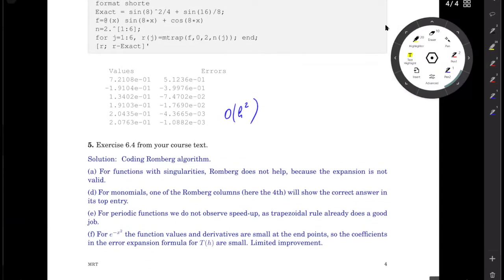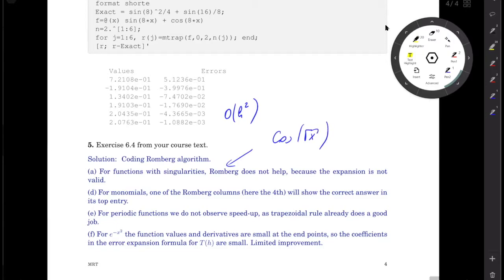And the last thing was the problem from the text, where we had to code the Romberg algorithm, and there were a number of examples there. So if you go back and look at that, you can see what this is referring to. I think the first problem had something like a cosine of square root of x in here.